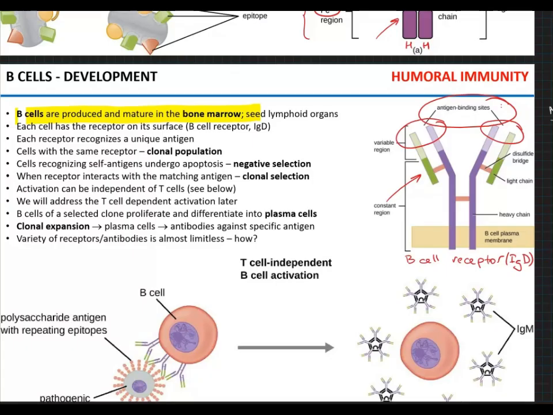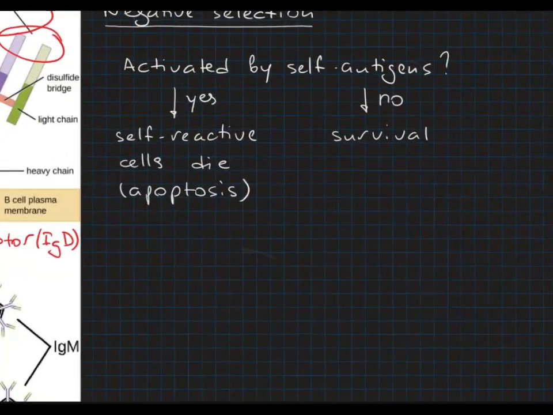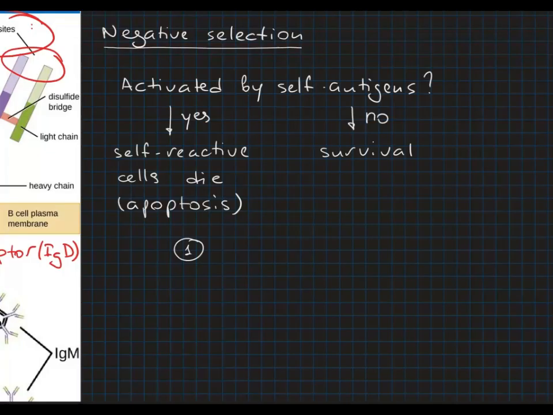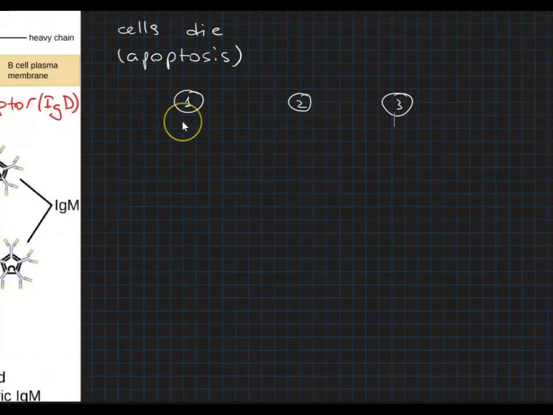Now, let's say, I'm going to make a scheme again. You have three populations of B cells. Population 1, population 2, and population 3. The picture that I'm about to draw is not physiologically correct, but I'm trying to make a point. So let's say population 1 has one specificity of B cell receptor.